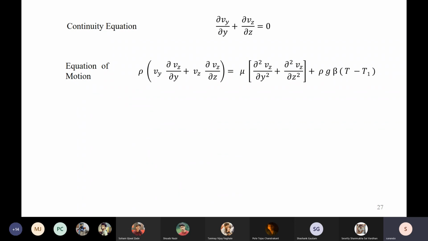So if I expand the substantial derivative and I am writing it for the z component of motion, it would be del Vz del time plus Vx del Vz del x plus these two terms as you see over here. The first term, del Vz del time, is set equal to 0 since it's steady state. The second term, Vx times del Vz del x, is 0 since nothing changes in the x direction from the statement of the problem.